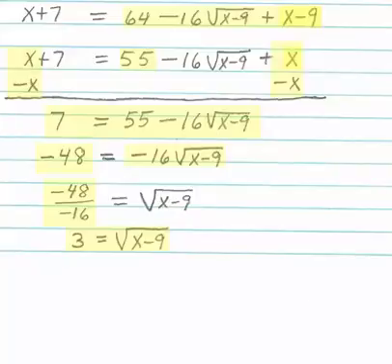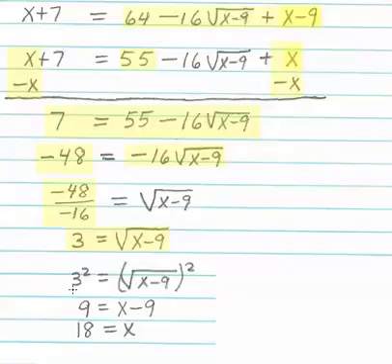Now we just square both sides to get rid of the radical. And this gives us 3 squared equals x minus 9. Add 9 to both sides and we get an answer of x equals 18. But we're not done yet, because all radical equations require that you check the answer. Oftentimes you get extra answers that are not correct.